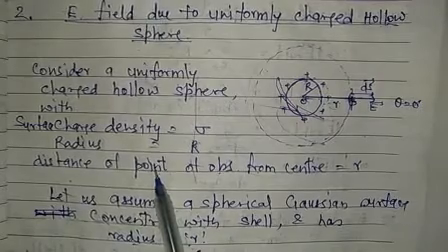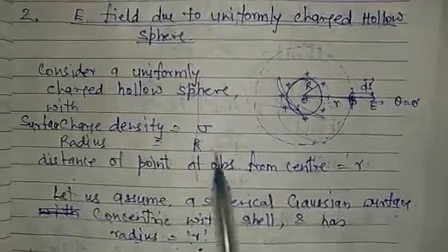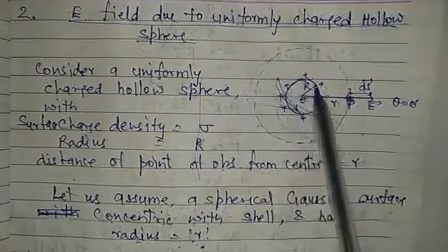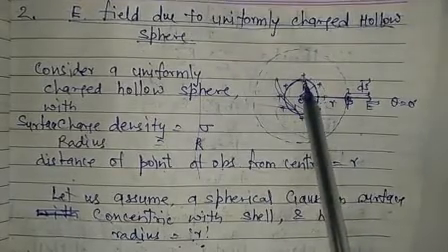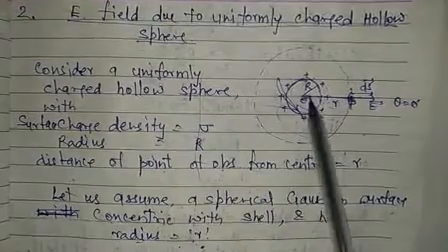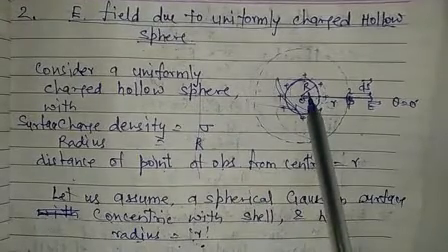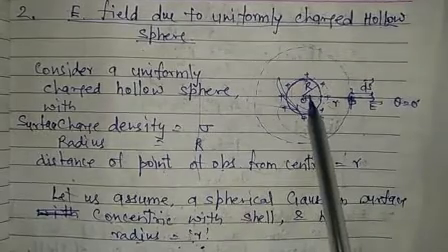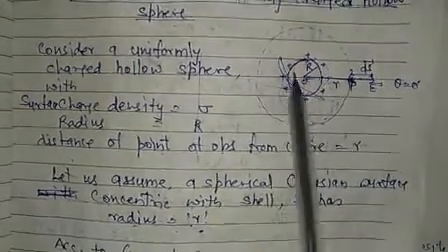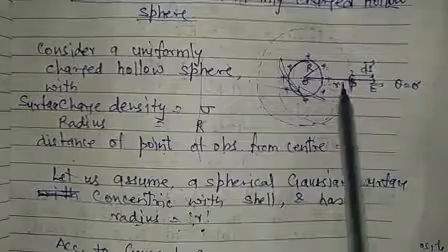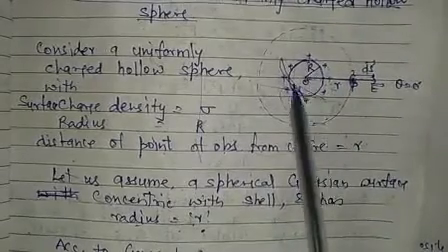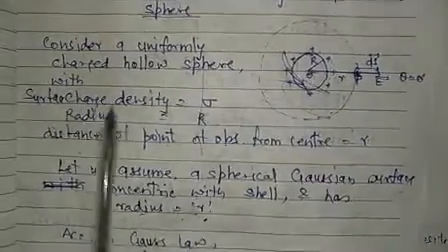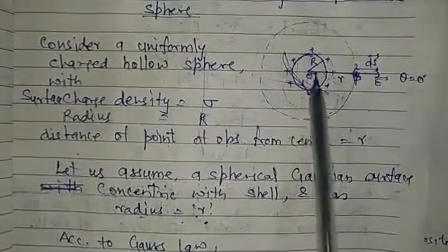So proceeding in the similar way, we have assumed a spherical conductor with charge density sigma and the radius capital R. That was the part of the consideration, and the distance of the point of observation to be small r from the center of the sphere. So this was the part of the consideration.